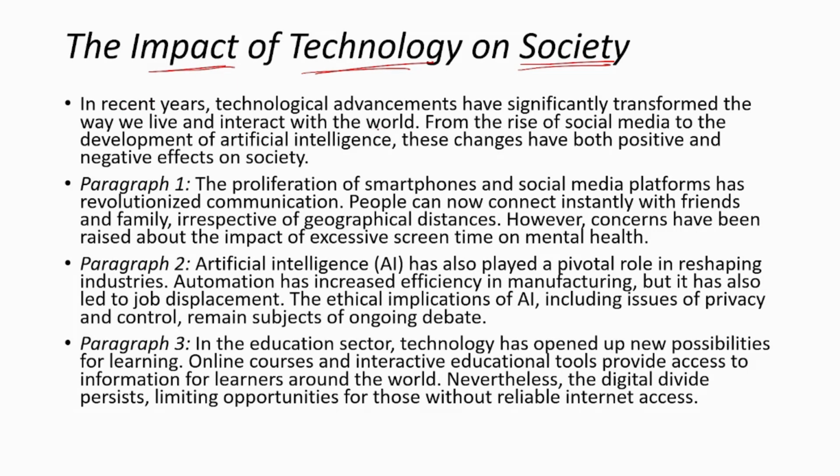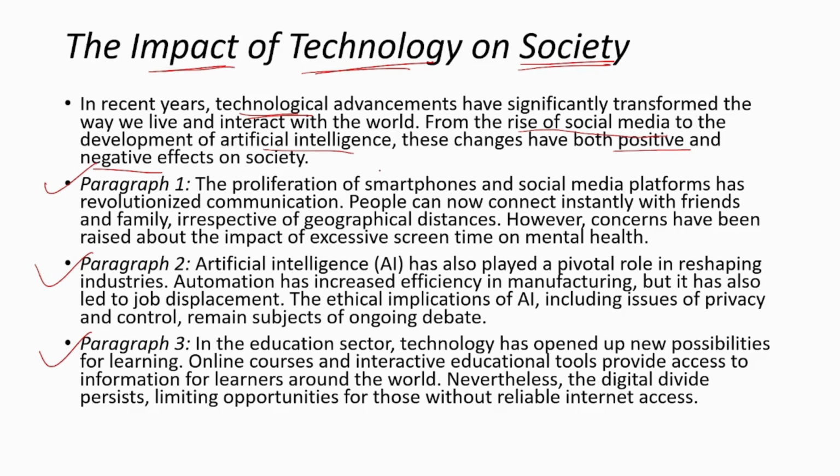It's just a general statement telling you about technological advancement and how it is transforming and helping the world around. Also, it tells you that the rise of social media and the development of artificial intelligence have both positive and negative effects. You have to focus just on what these paragraphs tell you.